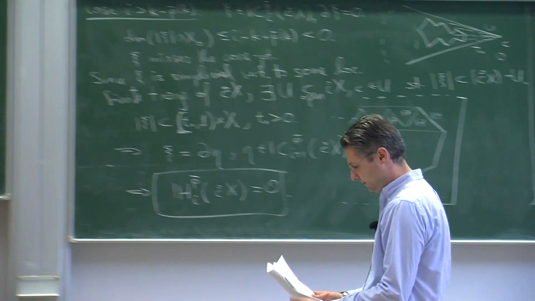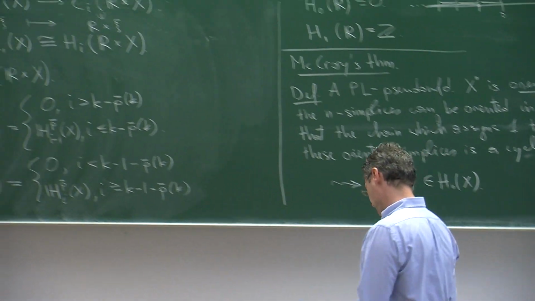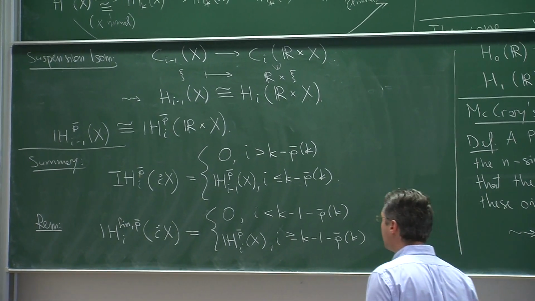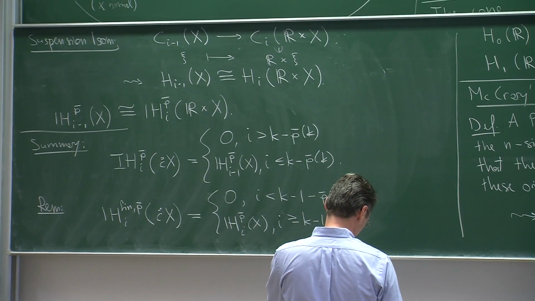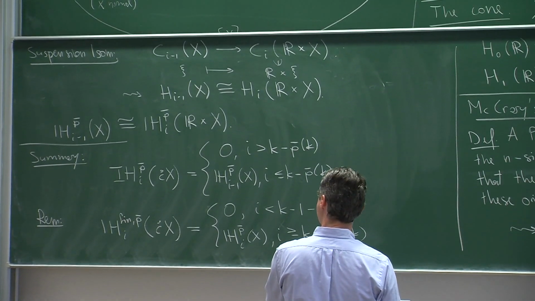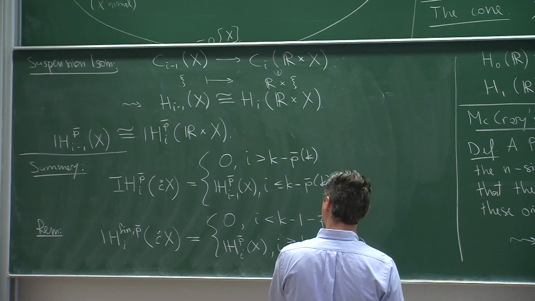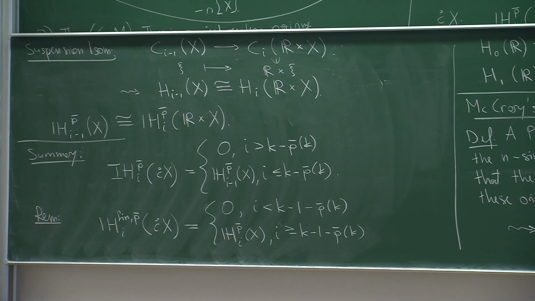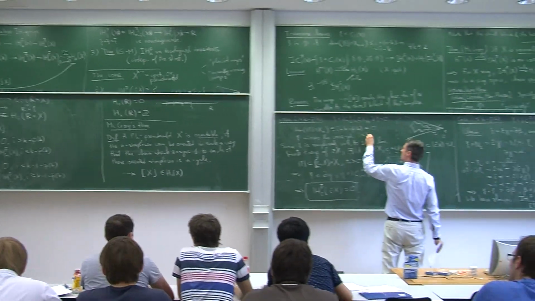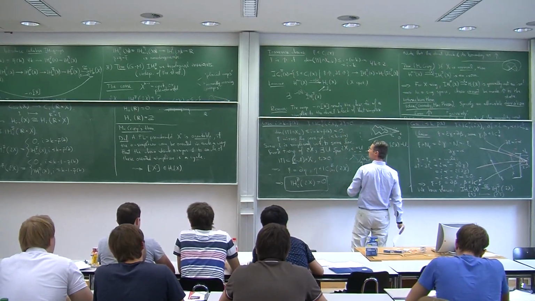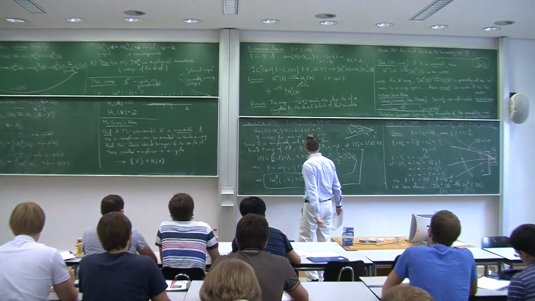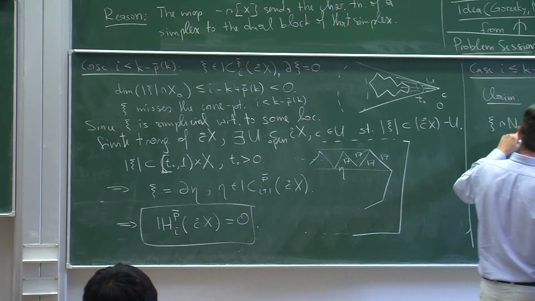And so you have something like this. So let me check this. Yes. So let me see, i less than k minus pk. So I guess I wrote it wrong. It's like this, so it turns around.